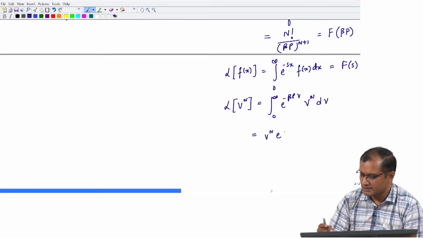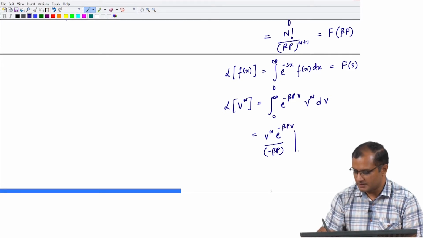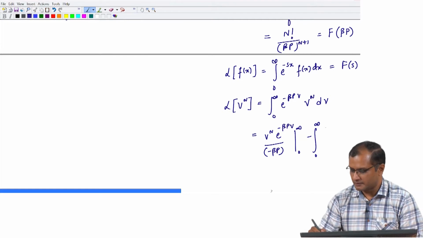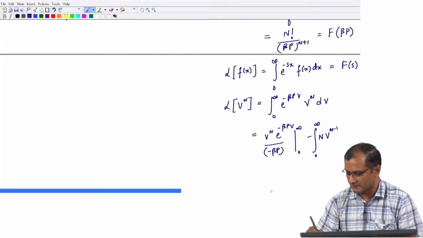So, it is like v raised to n e raised to minus beta p v divided by minus beta p, the limits 0 to infinity, minus integral derivative of the first into integration of the second.